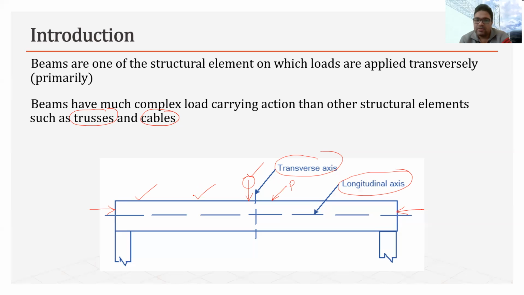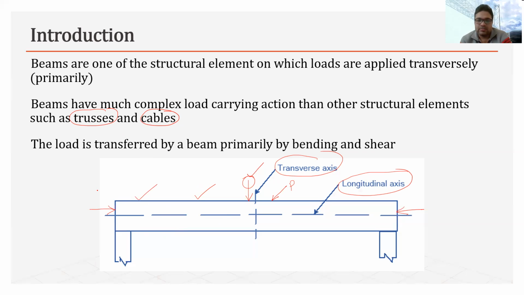It will have different types of effect that we will discuss in the upcoming slides. That is why we say that the load carrying action is much more complex as compared to the members used in trusses or cables.